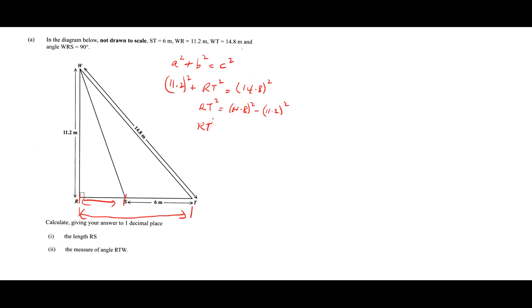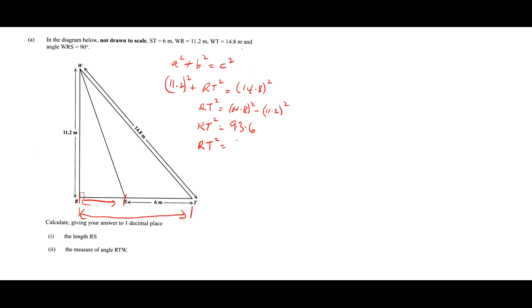So RT squared is equal to, at this point you can use your calculator, 14.8 squared minus 11.2 squared, which is equal to 93.6. Now, it is always good to recheck your answer, so let me just double check that. 14.8 squared minus 11.2 squared is equal to 93.6, right?